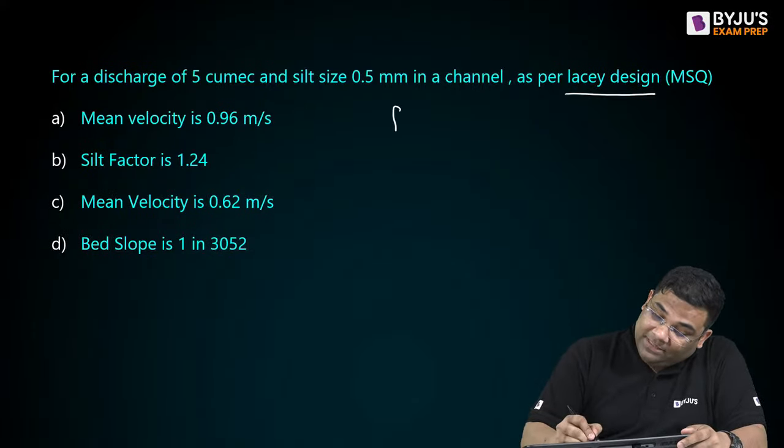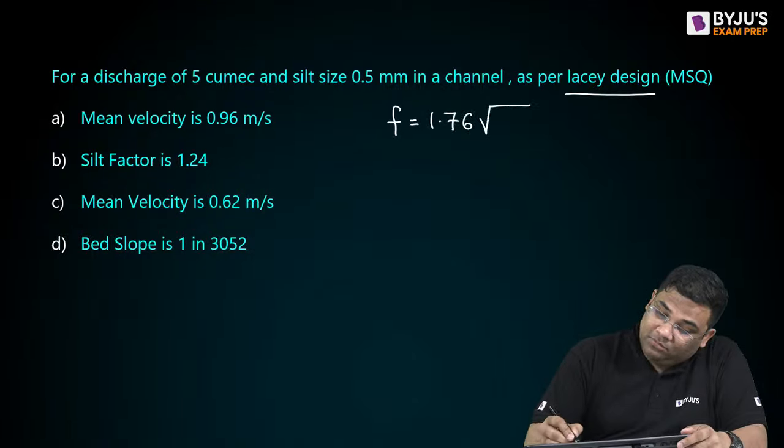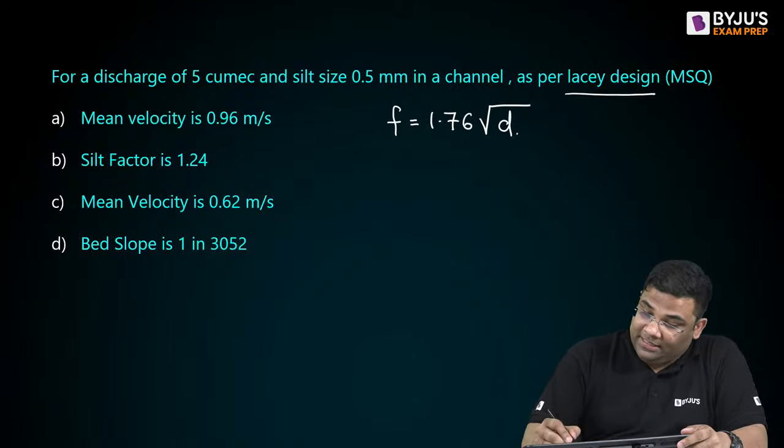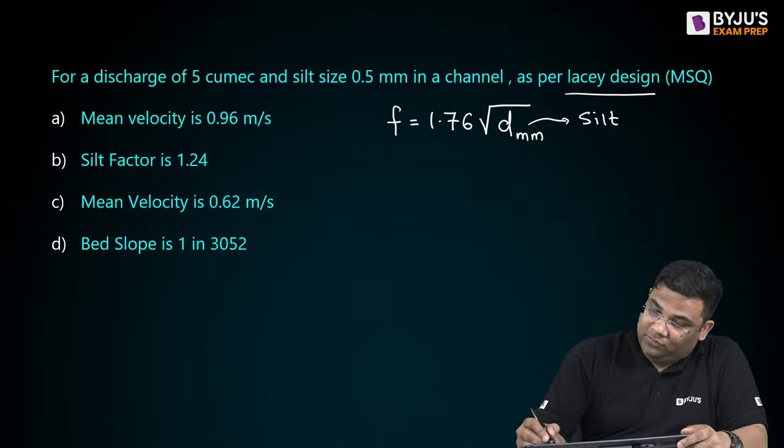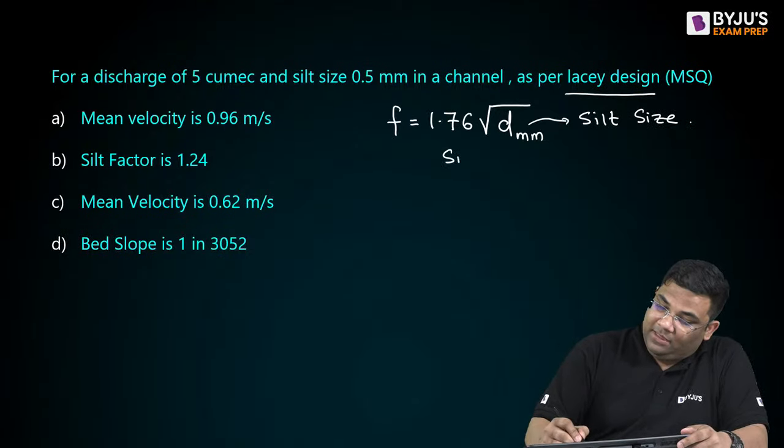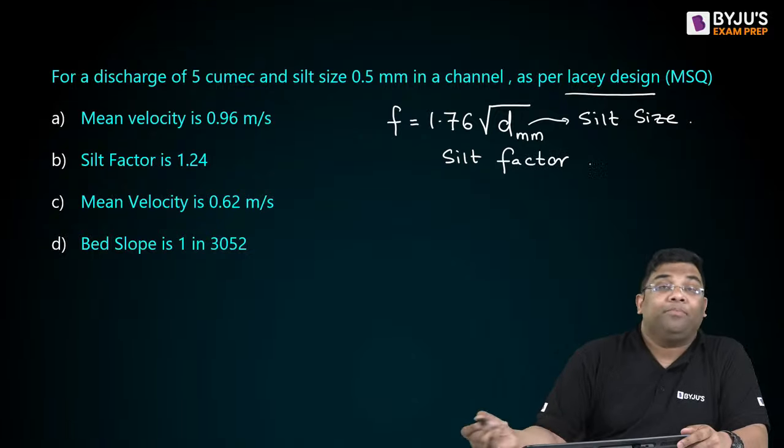In Lacey we have the silt factor as 1.76 root under the silt size, right? This is the silt size, and this is the silt factor formula, because all of these formulas are empirical in nature.